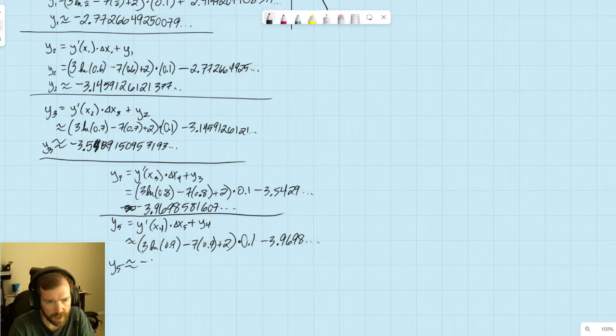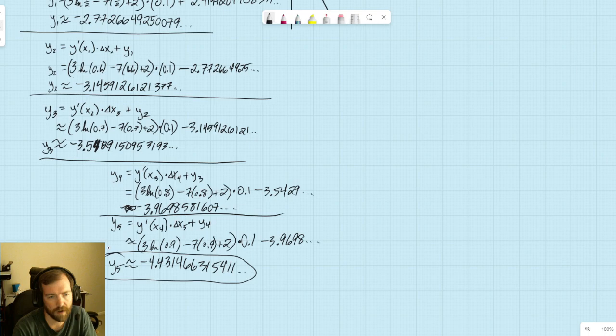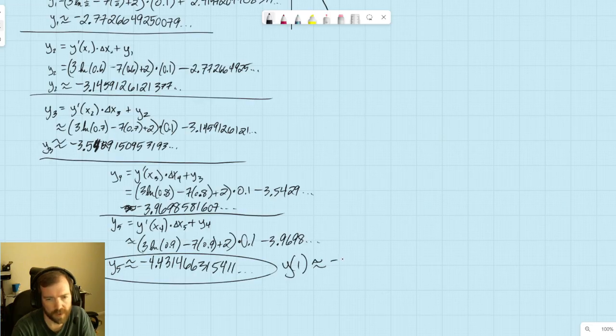Alright, so we get a negative 4.431466315411. Okay, so this is our value. This is what we've got. So y at 1 should be approximately equal to negative 4.4315. I don't know, somewhere about here.